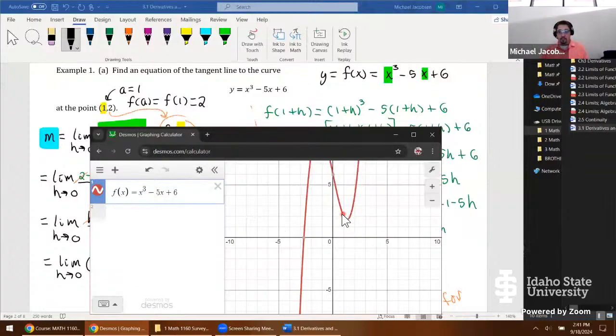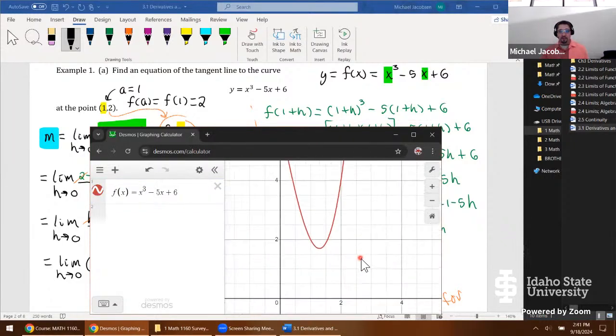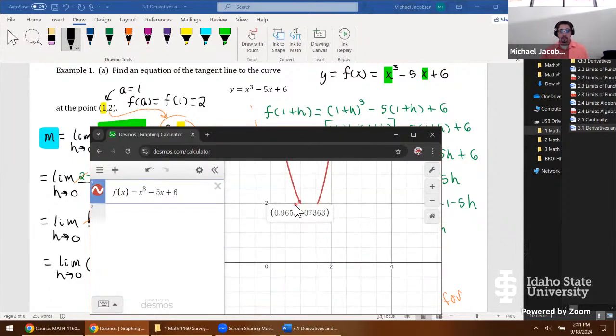So where x is 1 would be, let me zoom in on this a bit more, right about here. It's really hard to settle in. Hey, there it goes. There's the point 1, 2 that we were given originally. So at least we know the point 1, 2 is there.